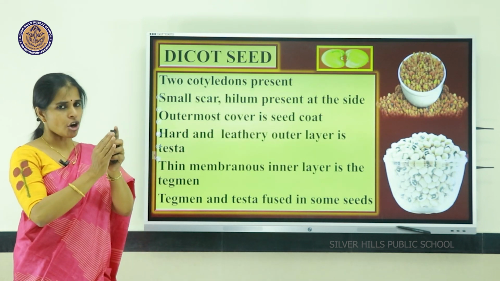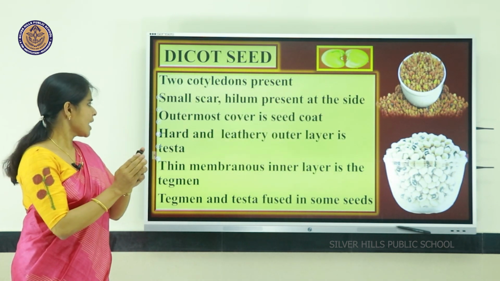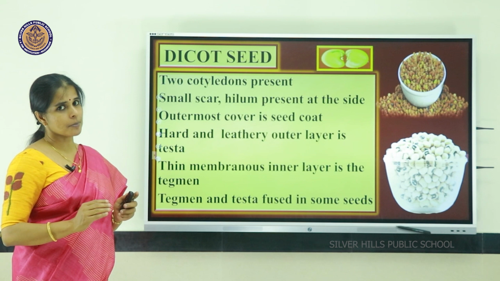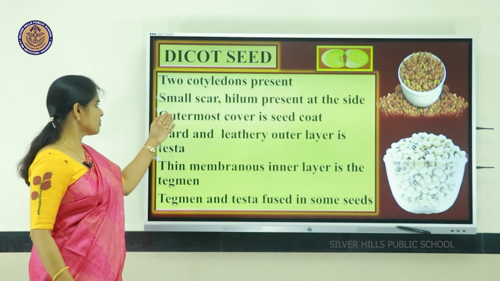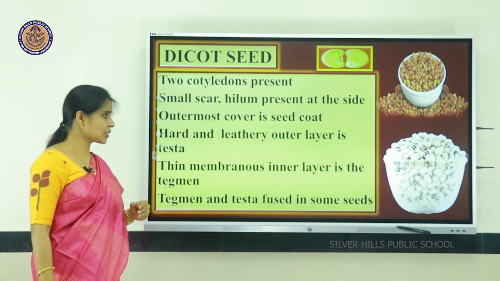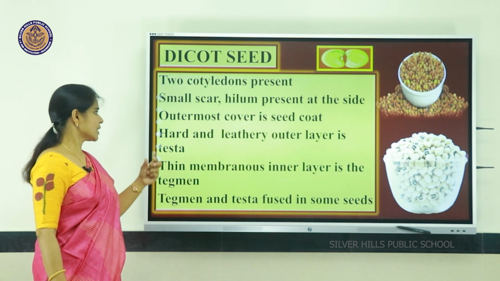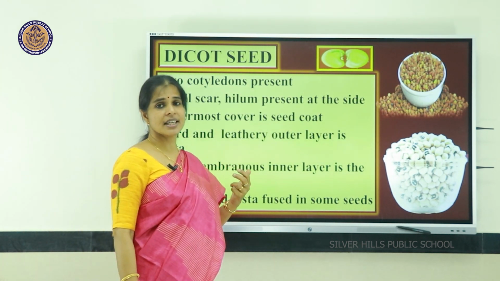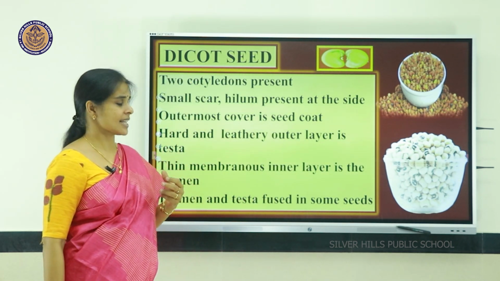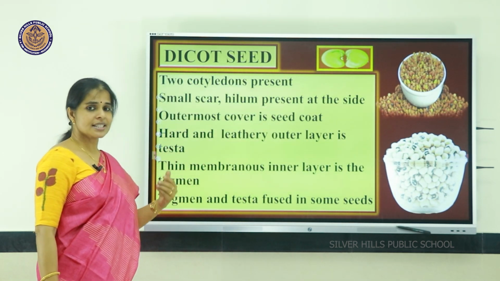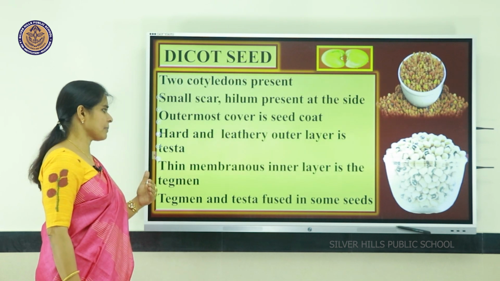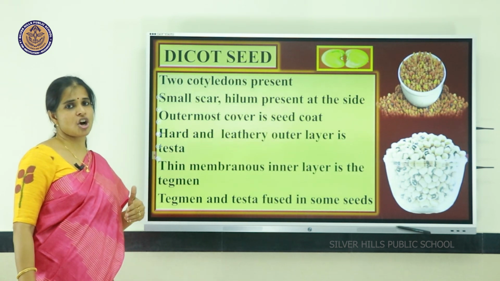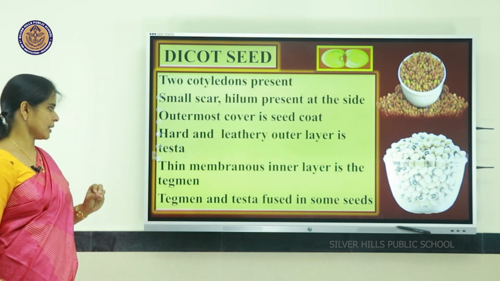Now, these two cotyledons are fused together and this is protected by a cover. Outermost cover is the seed coat, which is hard and leathery. This hard and leathery outer seed coat, we call it as testa. Inside that there is a thin membranous layer also, which we call as tegmen.